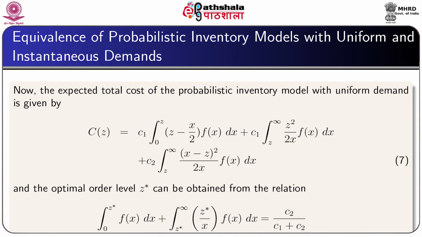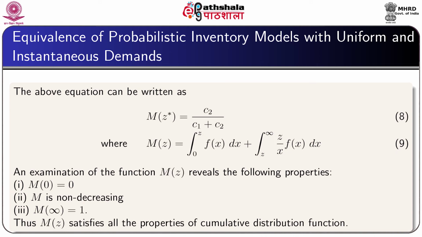And from this cost function, we can also find the optimum order level z star by satisfying the relation integral 0 to z star f(x) dx plus integral z star to infinity z star by x f(x) dx equal to C2 by C1 plus C2.